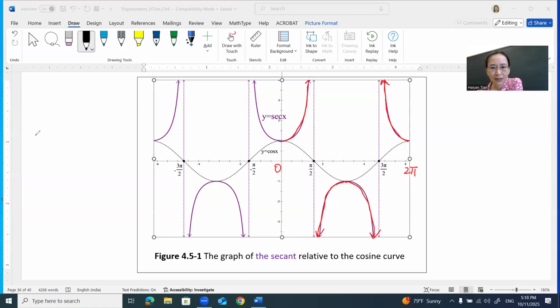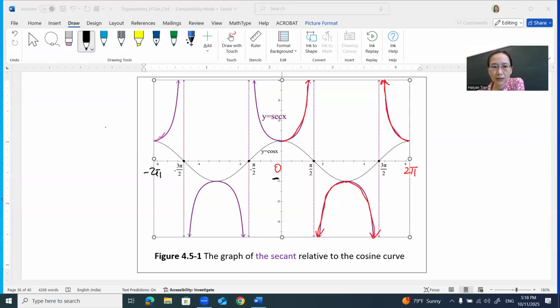secant function. But when you look at the extension, for example, from negative 2 pi to 0, then we can get another period of the secant function. So this pattern will repeat. So let's draw another period.